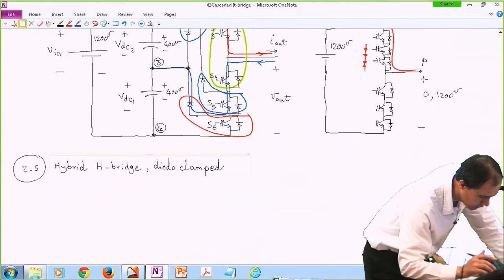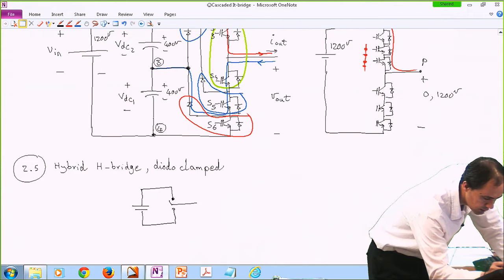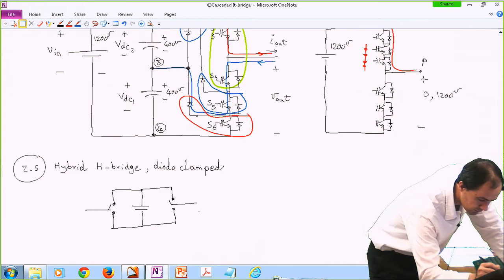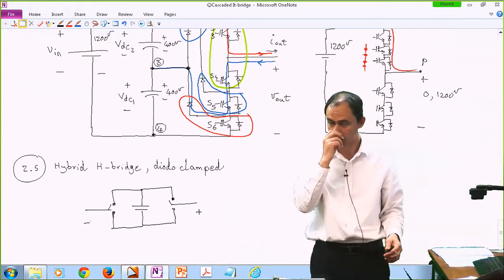So let me draw the classic one. So the classic H bridge was something like this. I put a single pole double throw on the right, and I put another one on the left, and I kind of said, okay, this is my V out from here to here. All right?